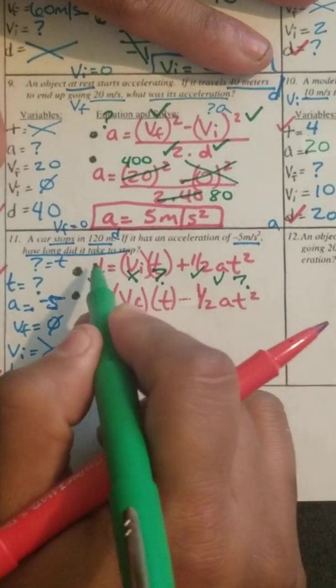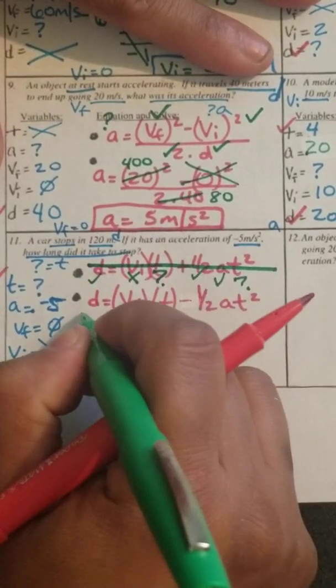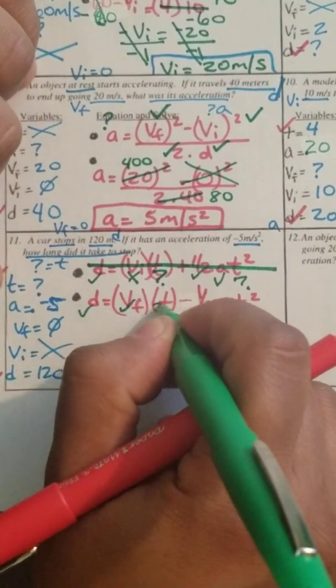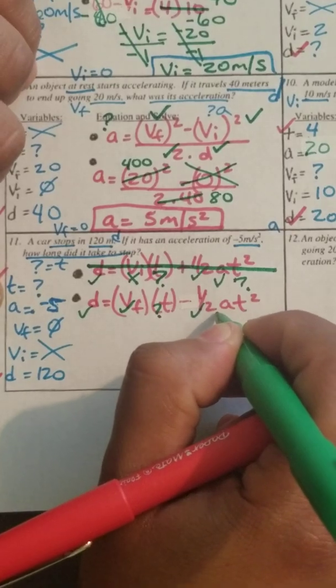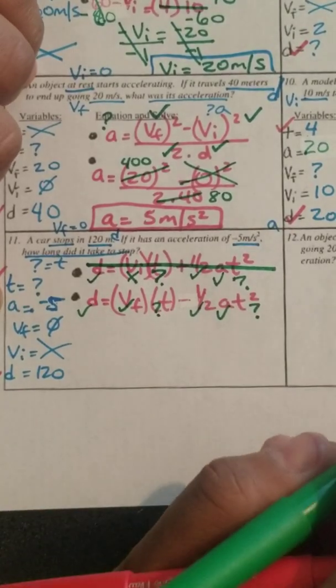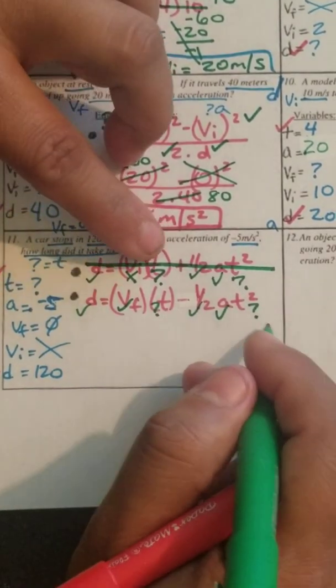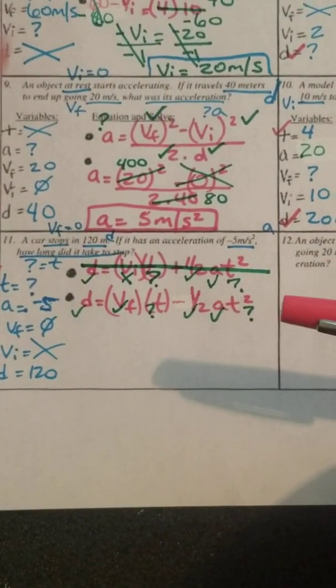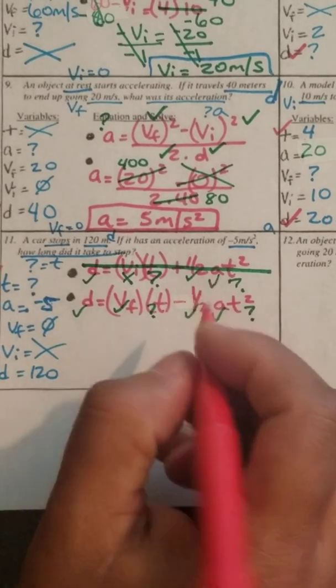Now let's check this. D, yes. The V sub F, yes. The T, question mark. 1/2, yes. The A, yes. The T, question mark. Well, I'm missing two question marks here, but they're the same variable, so we can actually still solve for that. Okay, so let's go ahead and do that.